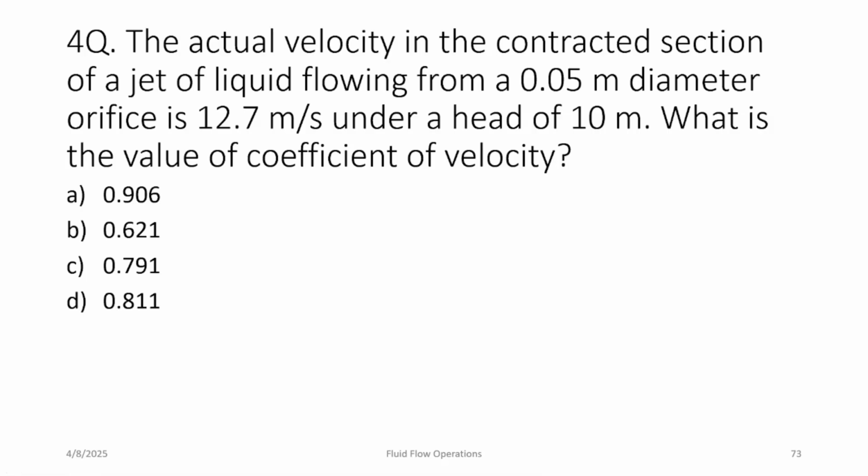So coming to the fourth question, the actual velocity in a contracted section of a jet of liquid flowing from a 0.05 meter diameter orifice is 12.7 meter per second under a head of 10. What is the value of the coefficient of velocity? So this is related to orifice.